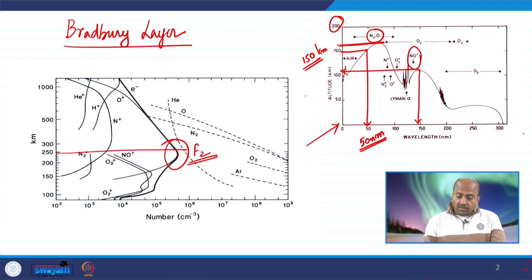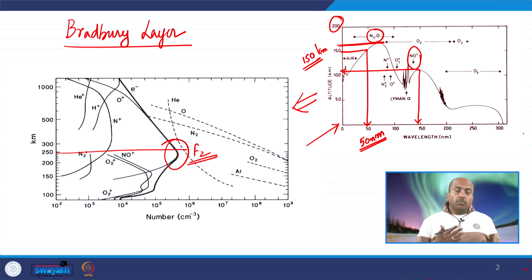Now, if you translate this understanding into this figure, you will realize that not much is actually absorbed above 200 kilometers, right? When it is not absorbed, how are the electrons and ions created?